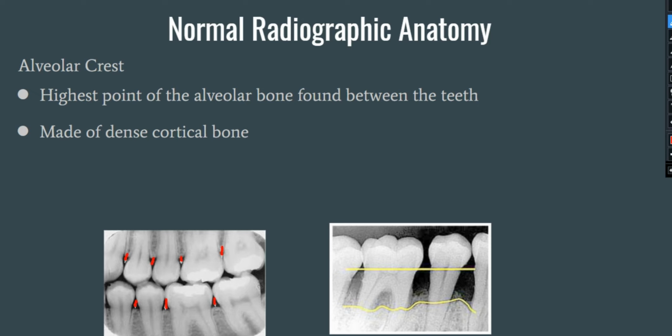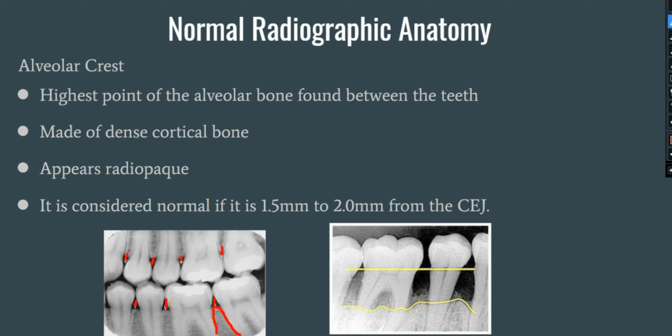It is made of dense cortical bone. It's going to appear radiopaque as well because it's almost like a continuation of the lamina dura. So if you think of it kind of like a hill, you go up one side of the lamina dura, up over the alveolar crest, and back down the other side of the lamina dura.